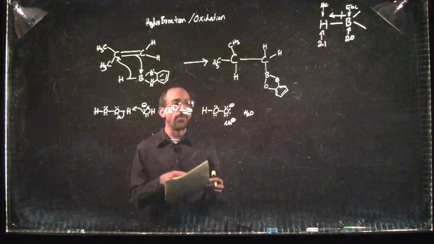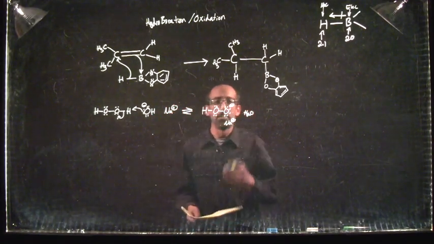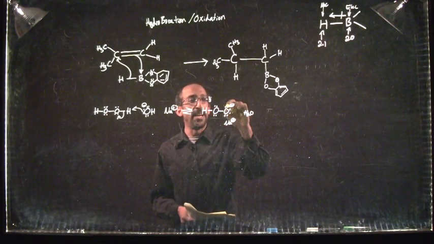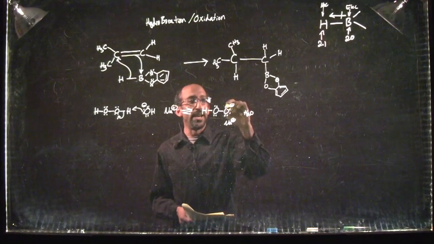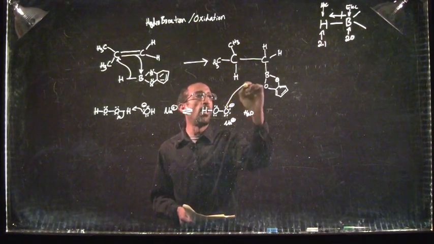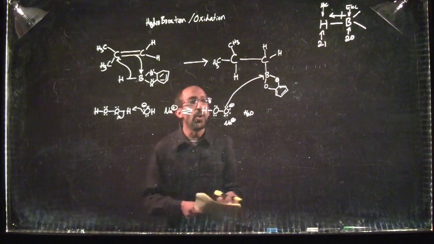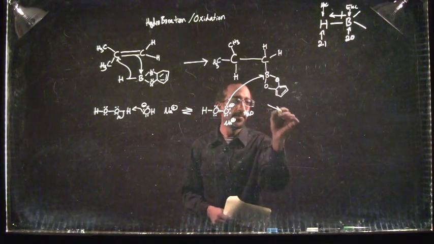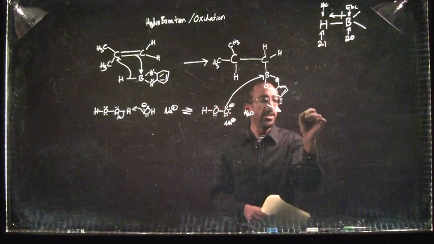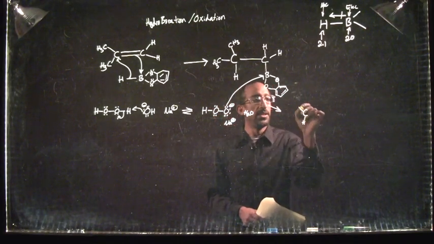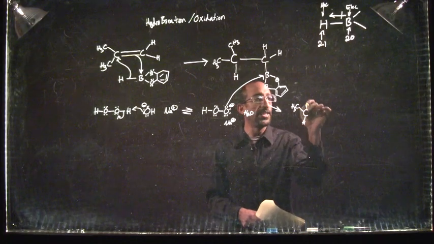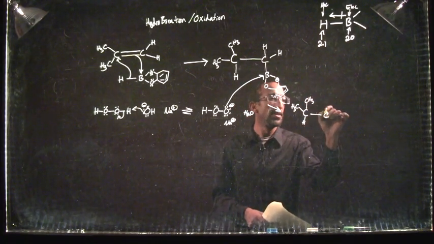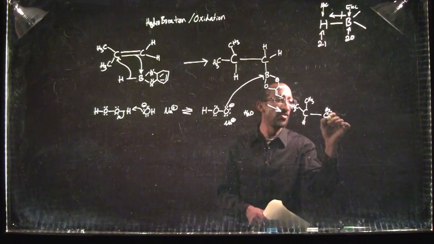Now that we've been able to form this peroxide anion, it is going to act as a nucleophile. Boron is still electrophilic, and it's going to form a bond to that boron. That takes us to an intermediate that looks like this. I'm going to start abbreviating those extra hydrogens.